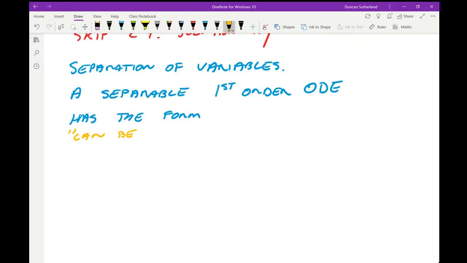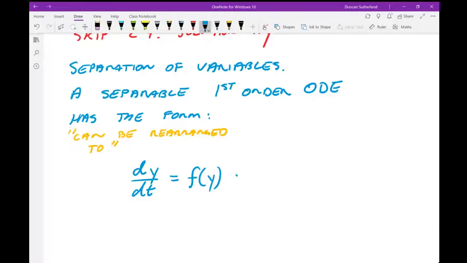So you've got an ODE, you rearrange it, and eventually you can get it into this form. Can be rearranged to, say, dy/dt equal a function of y and some other function of t.